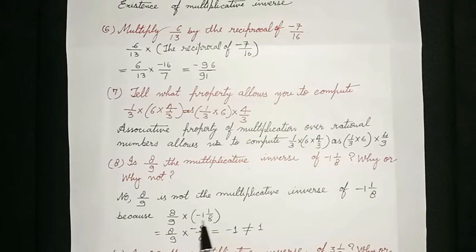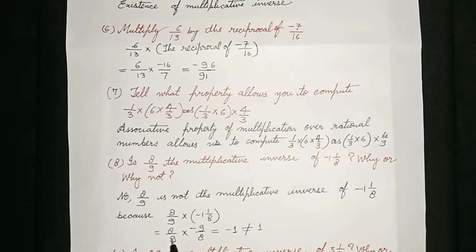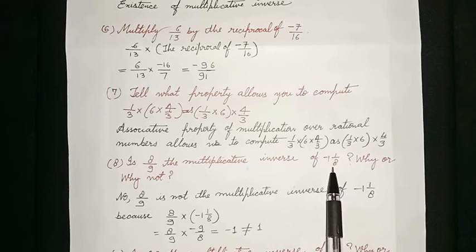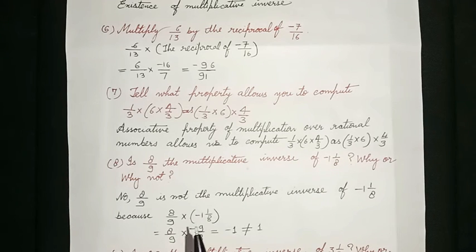You can see we are not getting 1 here. 8 upon 9 into minus 1 whole 1 upon 8, that is 8 upon 9 into minus 9 upon 8, and when we reduce it, we get minus 1. So because of this minus 1, 8 upon 9 is not the multiplicative inverse of minus 1 whole 1 upon 8.